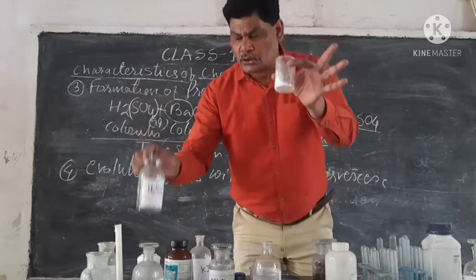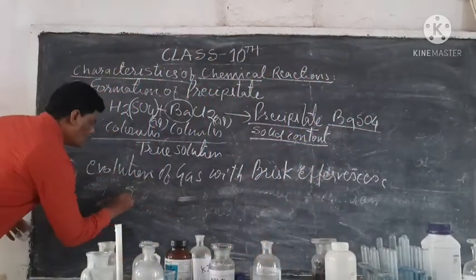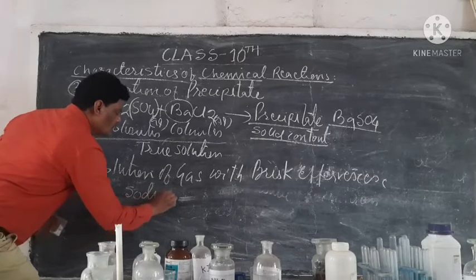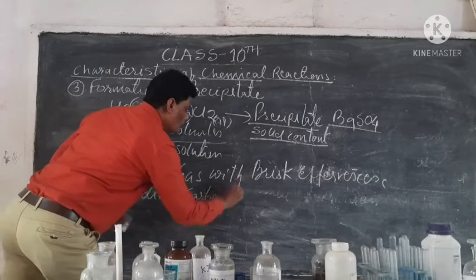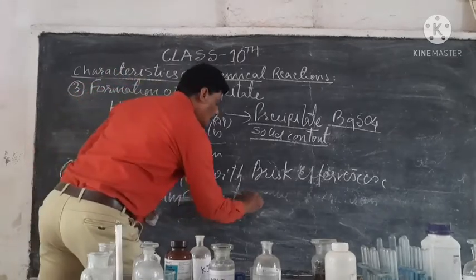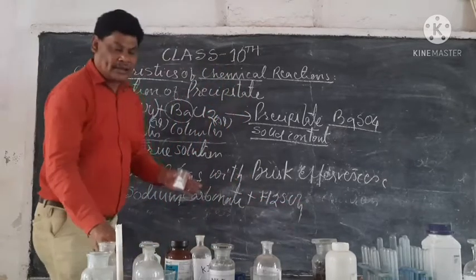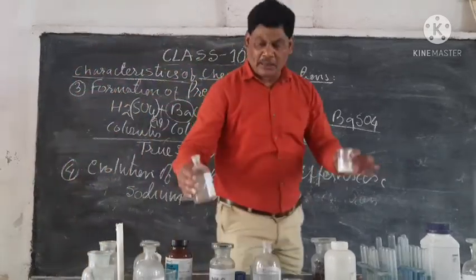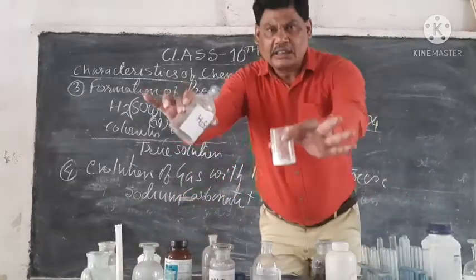Look here, H2SO4. So which two substances am I adding here? Sodium carbonate, which is called washing soda, plus H2SO4 acid. Now let's check what will happen. See here properly.